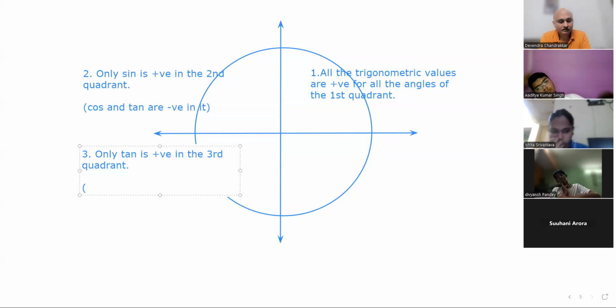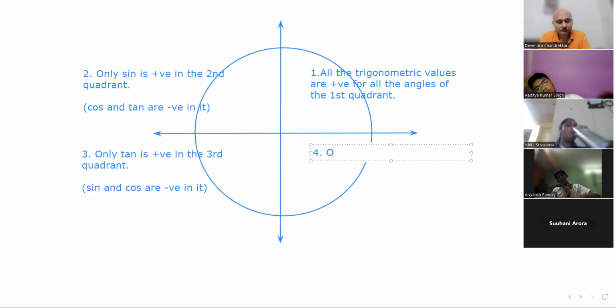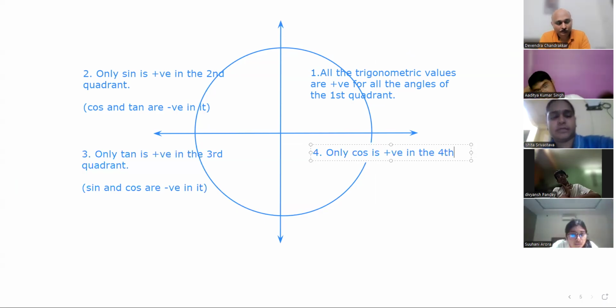That is, here sine and cos are negative in it, right? And the fourth one, only cos is positive in the fourth quadrant.